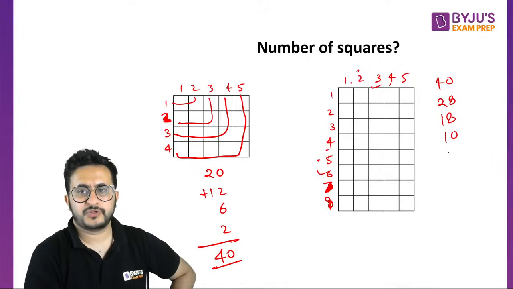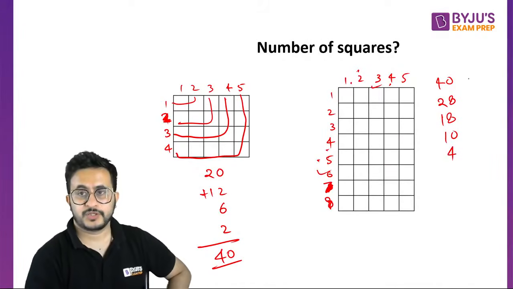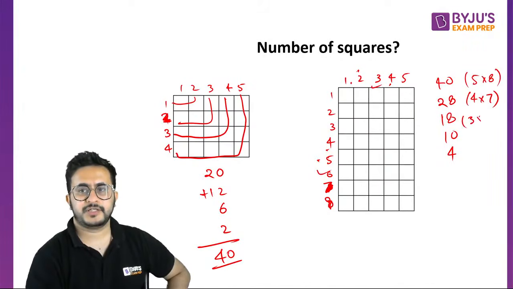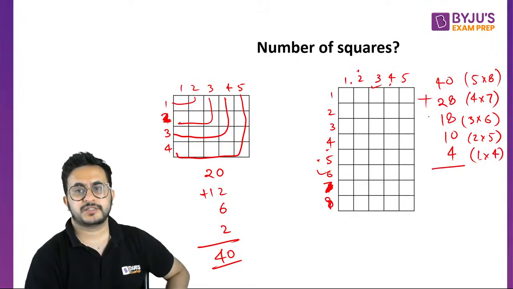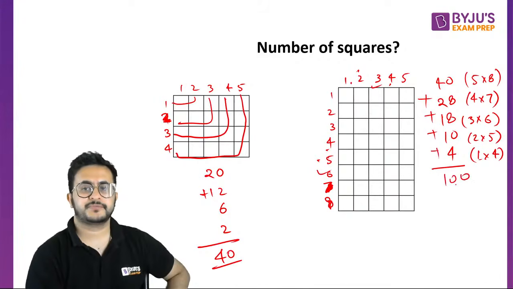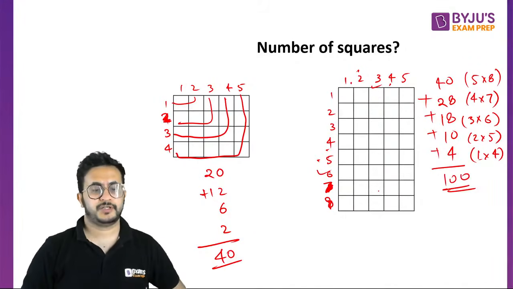And 1 into 4, 4. So it is 5 into 8, 4 into 7, 3 into 6, 2 into 5, and 1 into 4. So just add these: 40, 68, 86, 96, and that is 100. So there are a total of 100 squares.